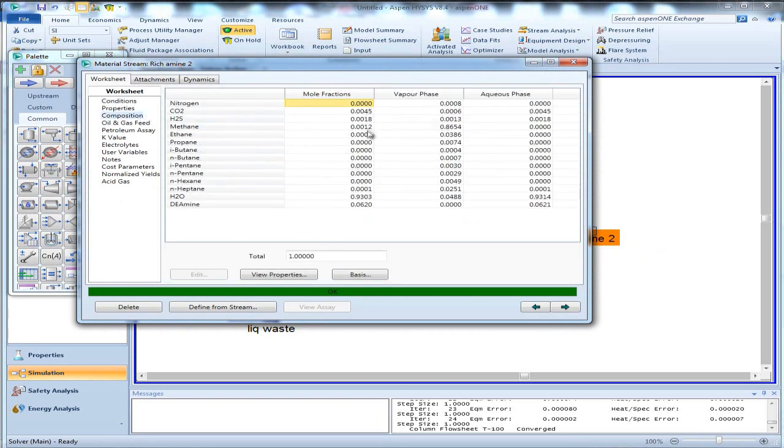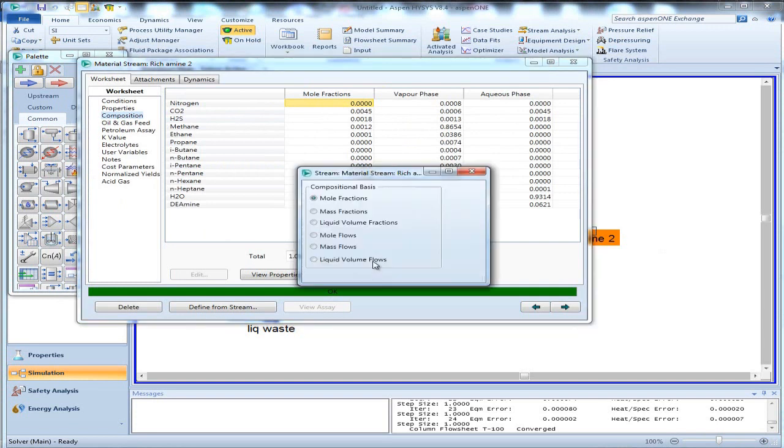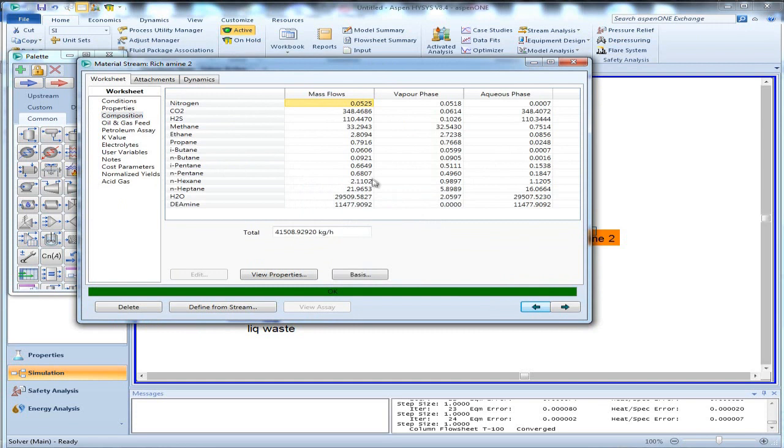See, you can take a look at this. Some hydrocarbon here and some carbon dioxide and hydrogen sulfide.